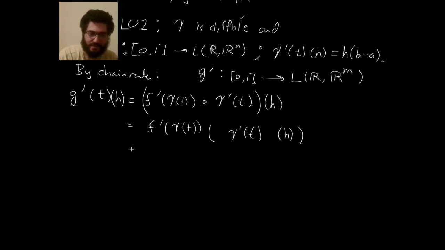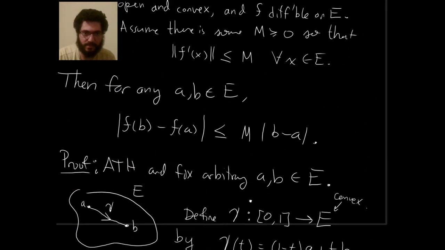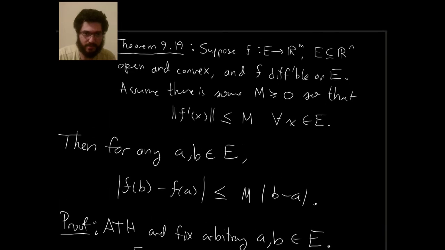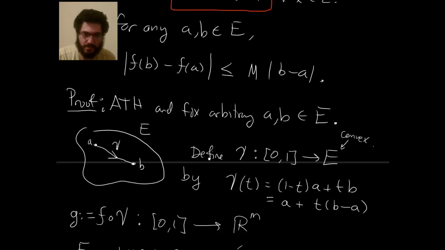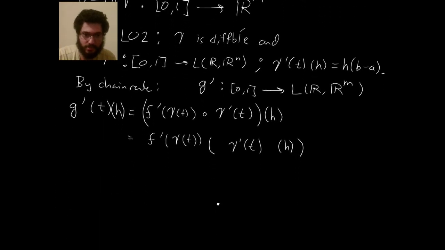Now, the point of this was to learn something about the derivative of g using what we know about the derivative of f. Namely, we know about the derivative of f that it is bounded. And this is the bound m here. So I want to use that and figure out what that tells me about g.